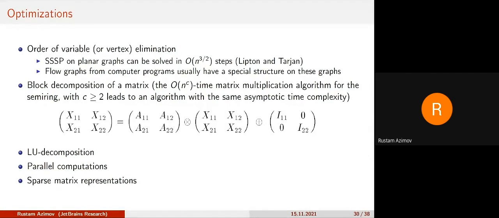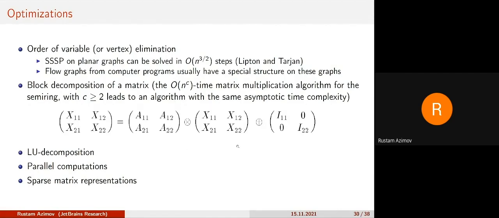We see a lot of algorithms that use matrices, and here we can use, for example, a strategy to decompose the matrix into 4 blocks, with square blocks x11 and x22 on the main diagonal and the corresponding ones, to open the possibility to apply divide and conquer strategies and solve smaller problems of the same type.